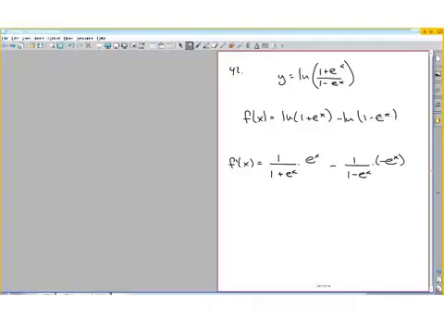So the derivative of e to the x is e to the x, so you get negative. And you could say, well, we're going to stop there, but I think we can combine these two. So you got negative times a negative, so it becomes positive. So you get positive e to the x over 1 minus e to the x.